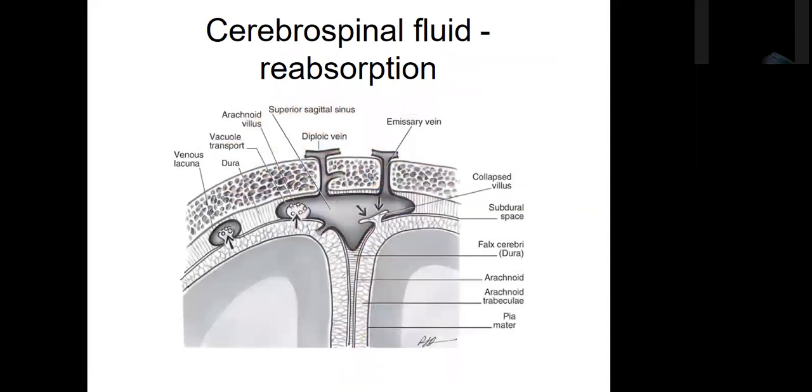After circulating into the subarachnoid spaces, this cerebrospinal fluid is reabsorbed at the level of the Pacchioni granulations, which extend from the arachnoid surface. These Pacchioni granulations protrude into the venous sinuses and then permit the reabsorption of the cerebrospinal fluid through bulk vacuolar flow.